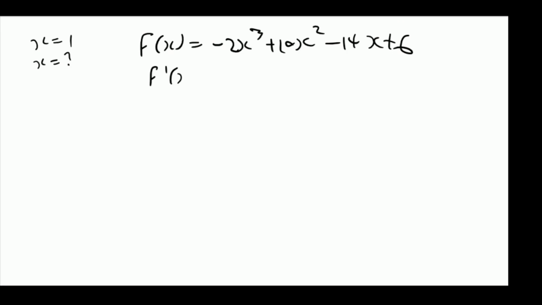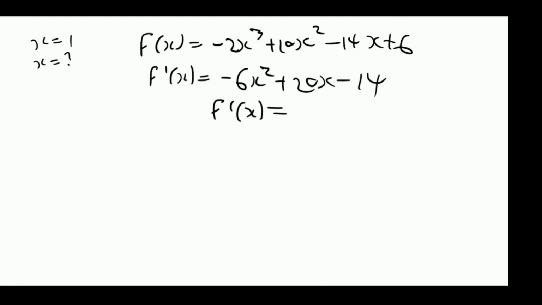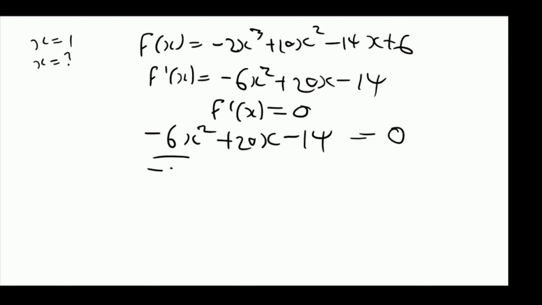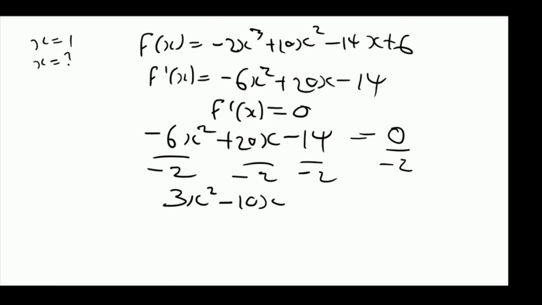So we first find the first derivative, which is minus 6x squared plus 20x minus 14. Then we equate the derivative to 0, so minus 6x squared plus 20x minus 14 equals 0, then we divide by minus 2 on all sides, and then we're going to have 3x squared minus 10x plus 7 equals 0.